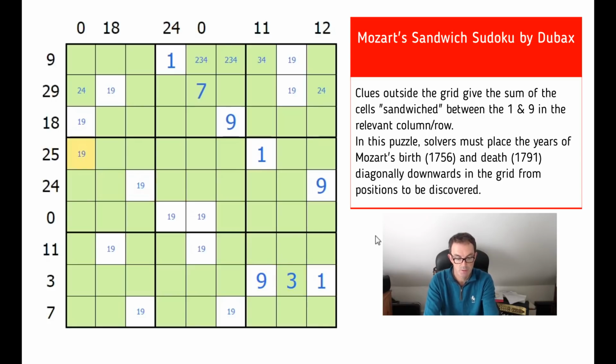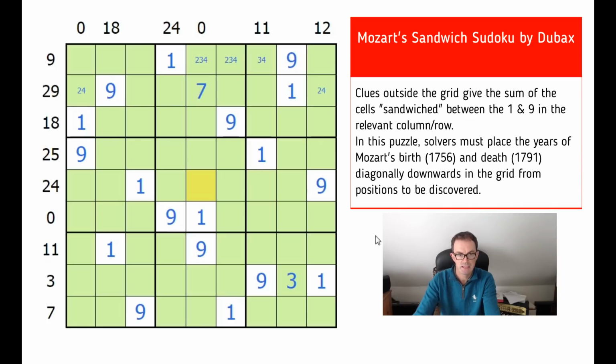So let's do that first. 9, 1. I'm not actually sure it's going to be that helpful, but it's certainly a step we need to go through in order to finish the puzzle. So let's do that. 9, 1, 9, 9, 1. Okay, so there we go.